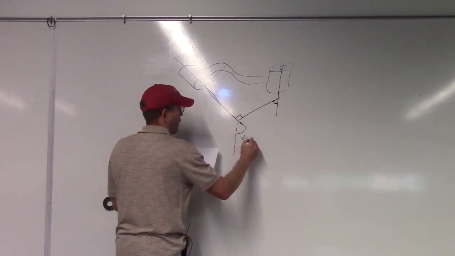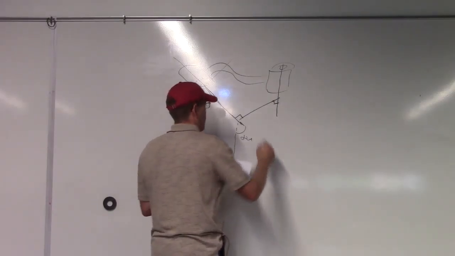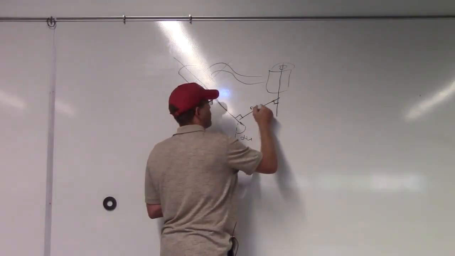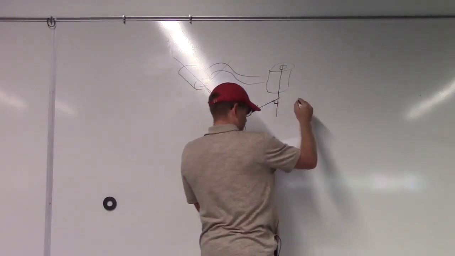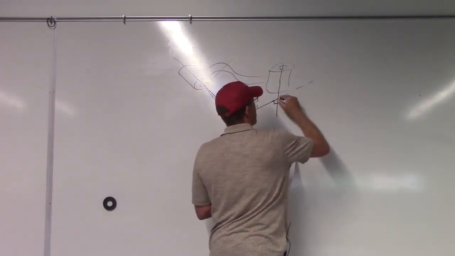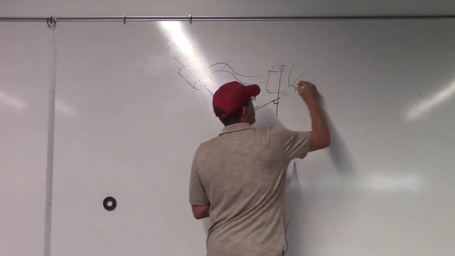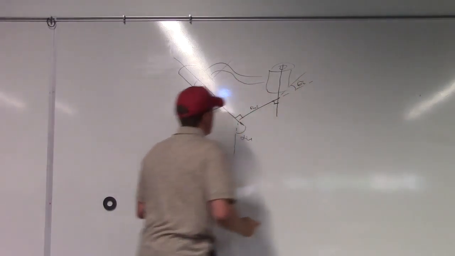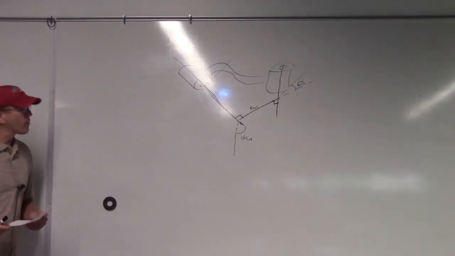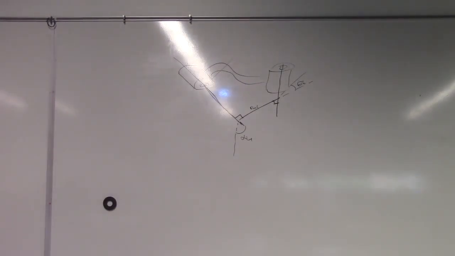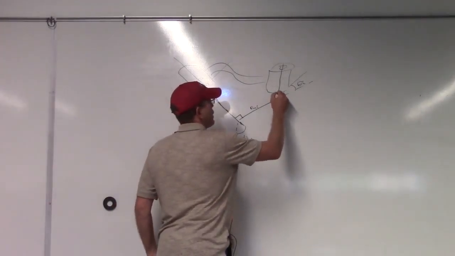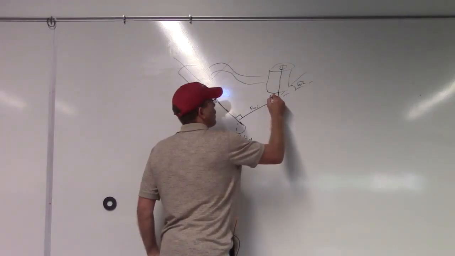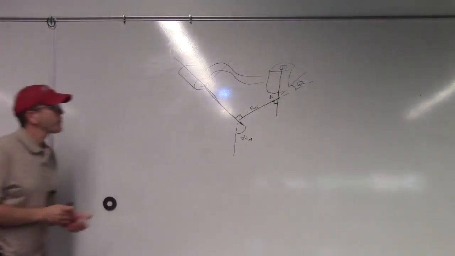This is our alpha i minus 1. This is our r i minus 1. And then our joint angle is going to be here. So if we go through and look at our forward kinematics, what's the first thing we're going to do as we're building the transformation for this? And I'll go ahead and put our d here as well.